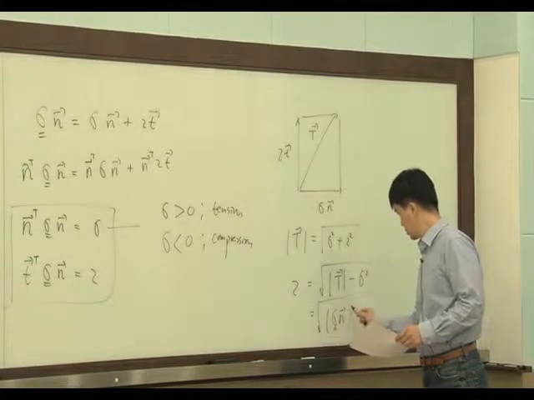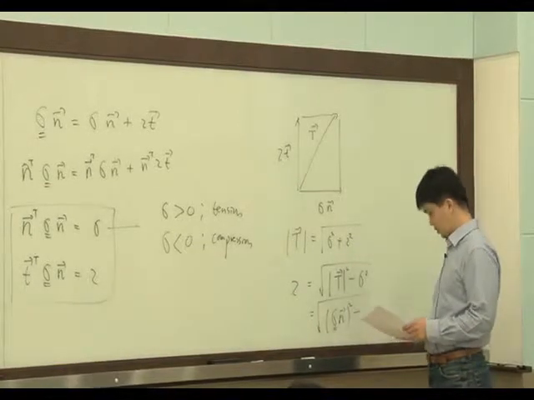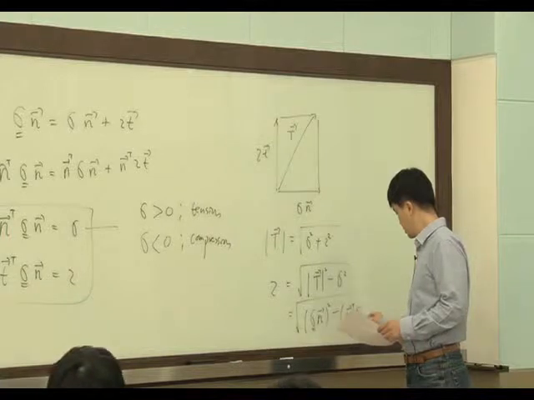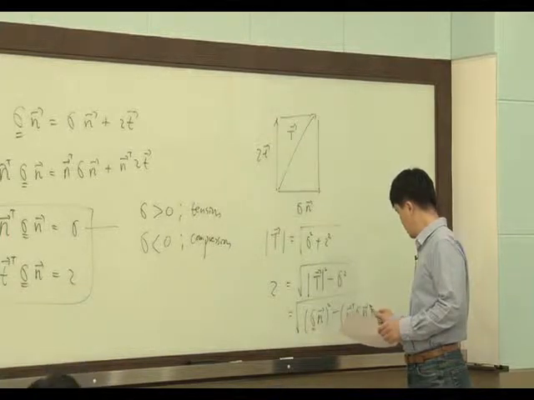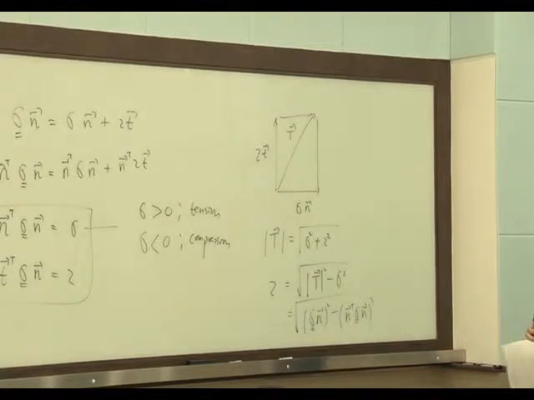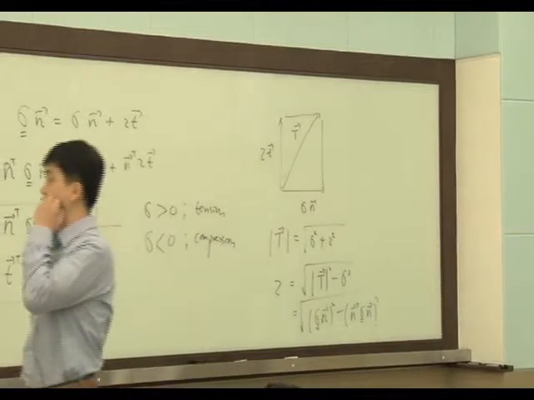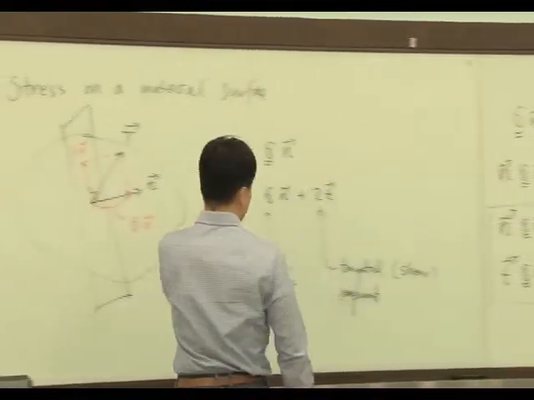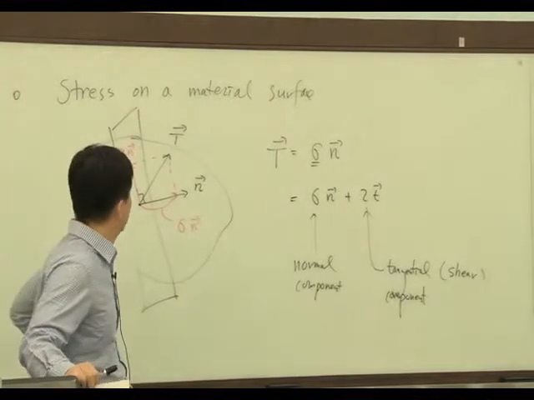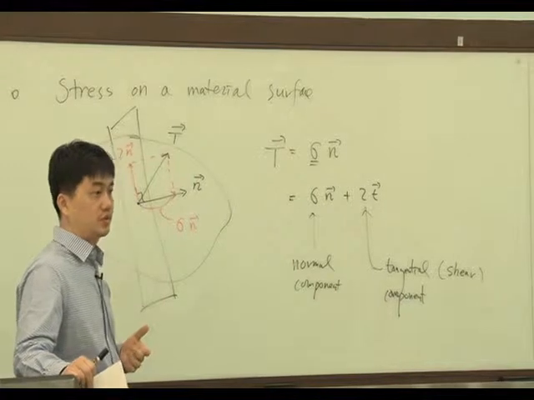And square, here I need to have square, and square. So now you know how to decompose the traction on a material surface.